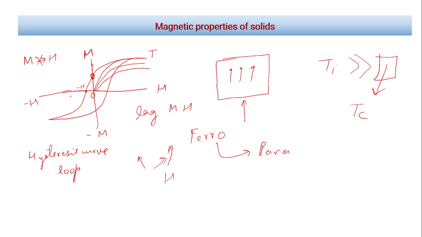After we apply that in the opposite direction, the magnetization of the material becomes 0. And then when we increase the field further in the negative direction, the magnetization becomes negative, and then it increases until it becomes maximum in the negative direction. And then again, when we bring the field to 0, the magnetization still does not become 0. So there is a lag between M and H, and that's why it's called a hysteresis curve.